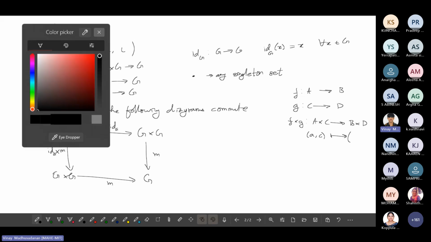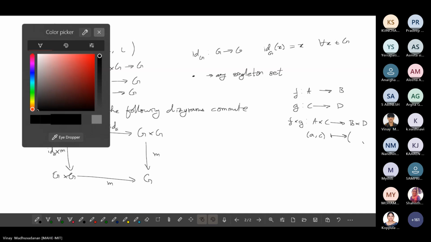I hope I don't have to review what the Cartesian product of two sets is. It is the set of all ordered pairs with the first element from the first set and the second element from the second set. So the elements of A cross C are ordered pairs a comma c, where a is from A and c is from C. And elements of B cross D are ordered pairs, small b from B, small d from D, right? So we need to map (a, c) to something here.